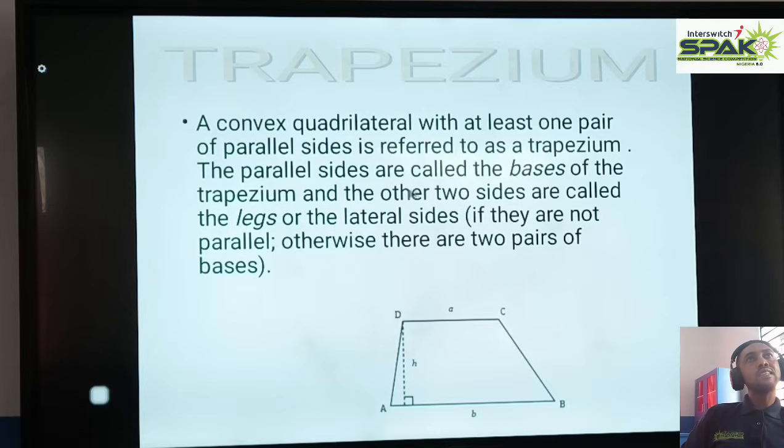The parallel sides are called the bases of the trapezium, and the other two sides are called the legs or the lateral sides, if they are not parallel; otherwise there are two pairs of bases. So you can see this is an example of a trapezium. We have a trapezium ABCD, and DC is parallel to AB.